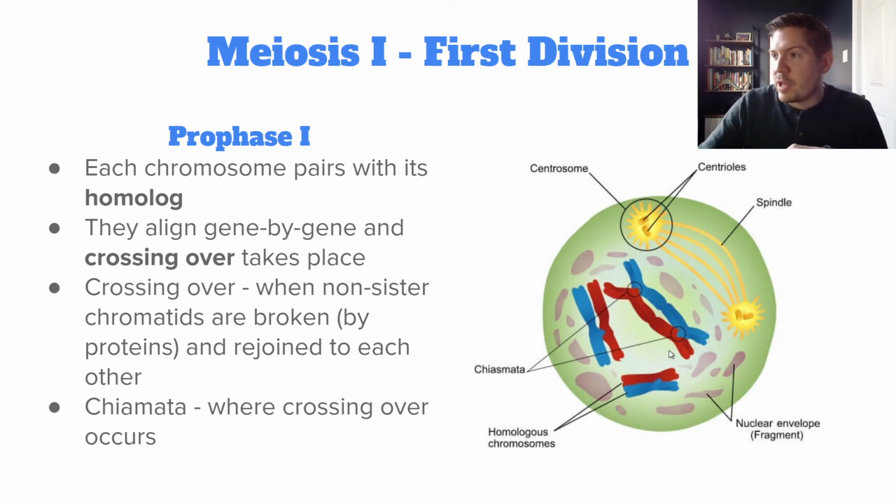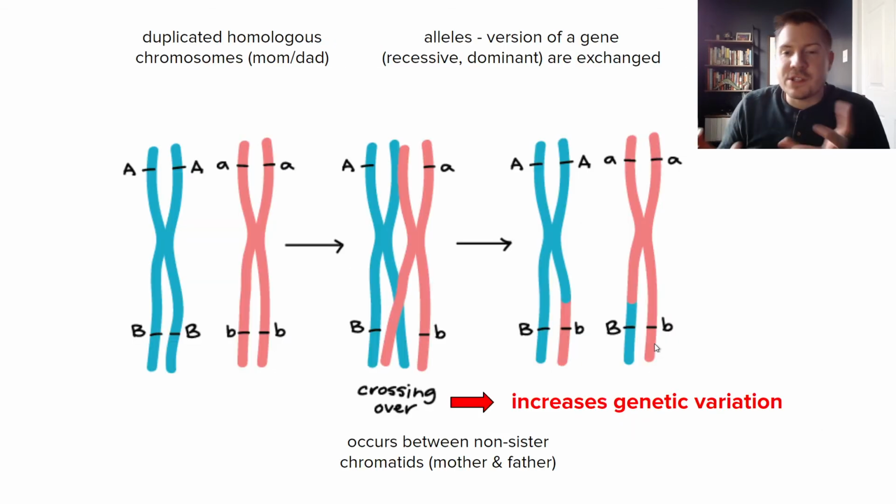This crossing over location is called chiasmata, right? And you can see that marked here. But this is very essential because it increases genetic variation, even beyond the variation that would already be created by the random assortment of these chromosomes. You actually create new versions of the chromosomes.